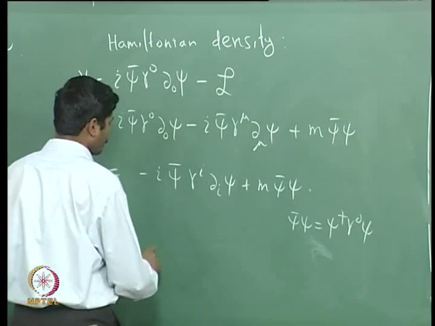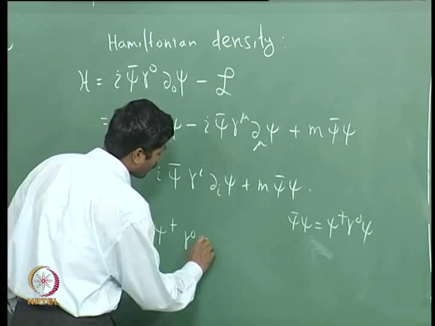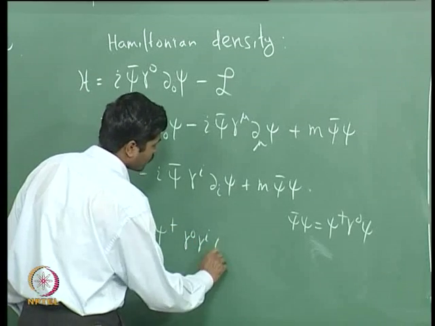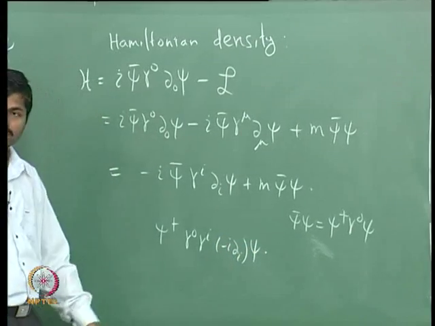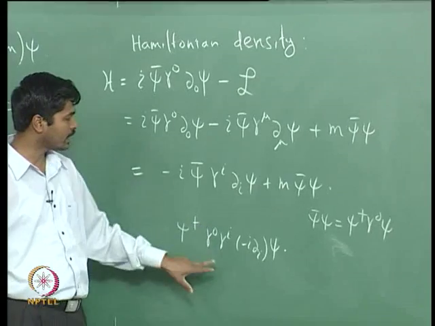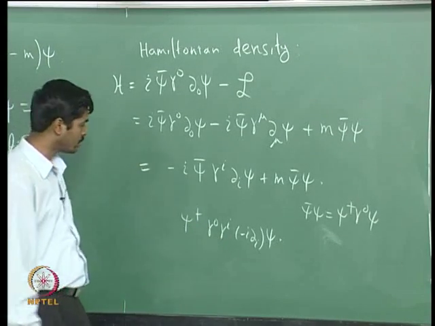But in the first term you have psi dagger gamma 0 gamma i and minus i del i psi. This operator inside will be Hermitian if this is Hermitian here, right.